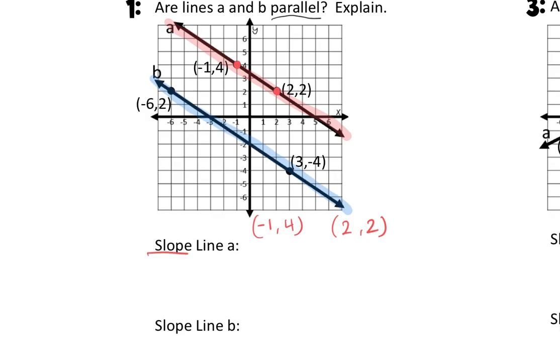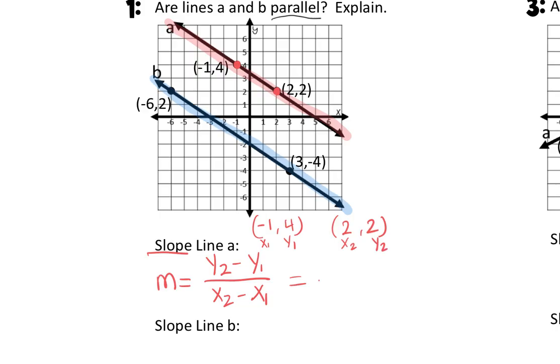To find the slope between these two points, I'm going to use the formula m equals y2 minus y1 over x2 minus x1. The slope formula that we've learned before. Okay, so the two different points, let me label my points. So this is x1, y1, and this is x2, and this is y2.